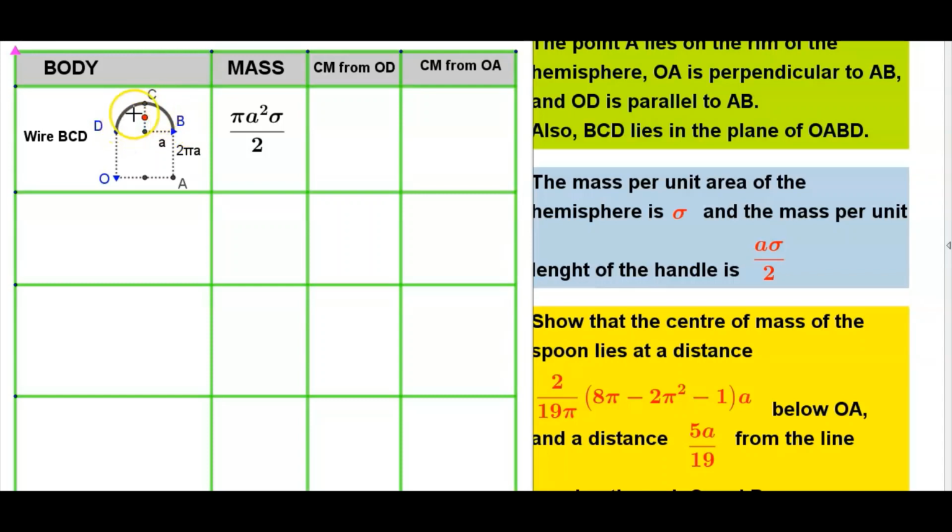Therefore the semicircle has mass pi a into a sigma by 2, which is pi a squared sigma by 2.